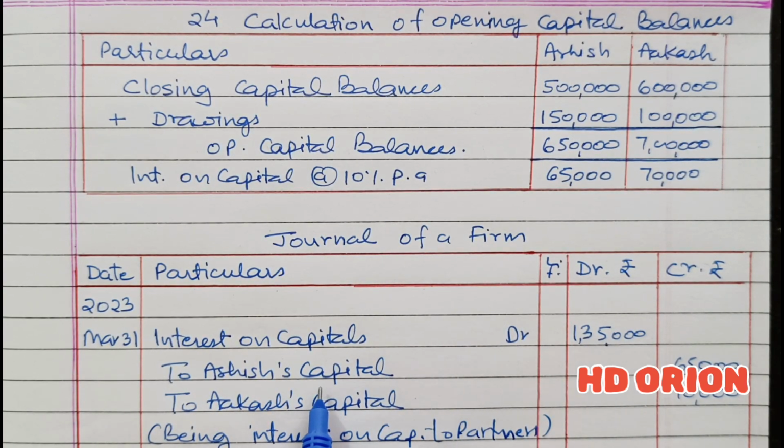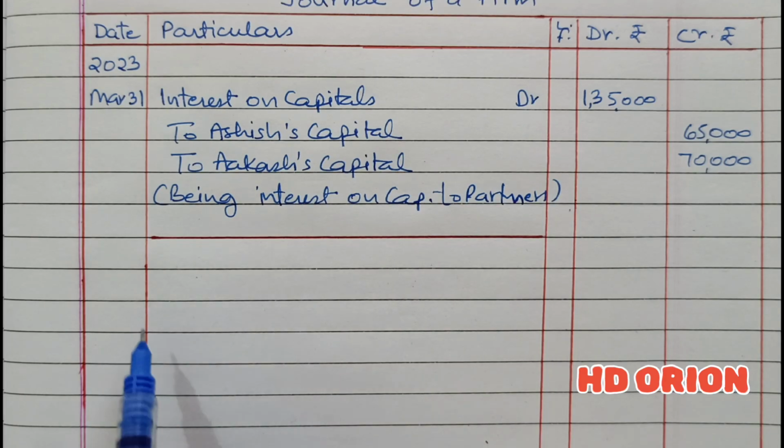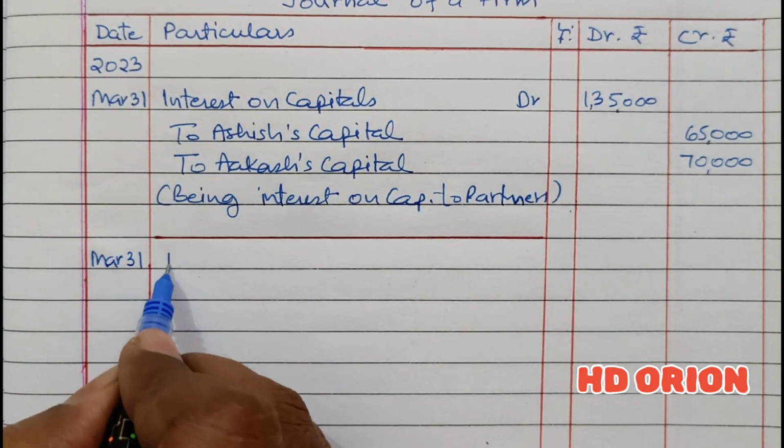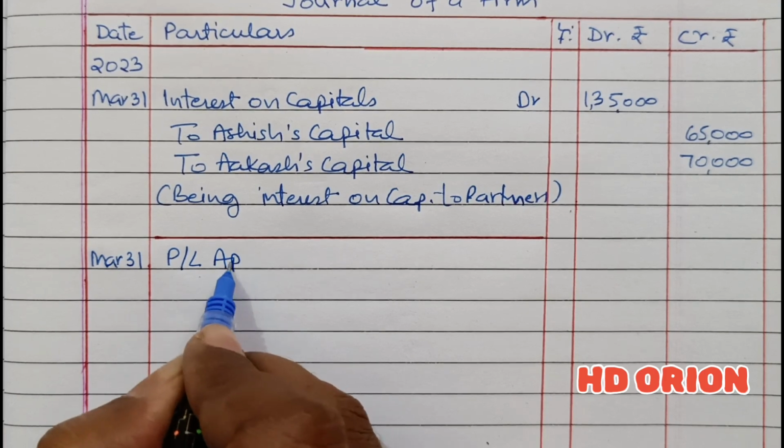Now you can't maintain here current account because capital account is fluctuating. Current account is opened when capital account is fixed. This is what we are learning in this particular section. Now we will transfer this on the same date. We will transfer this to profit and loss appropriation account.